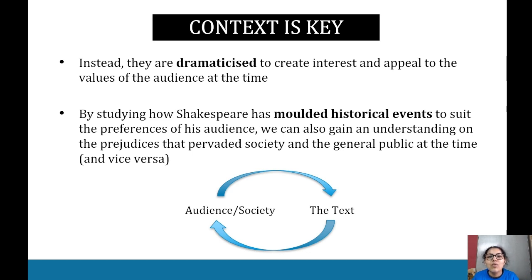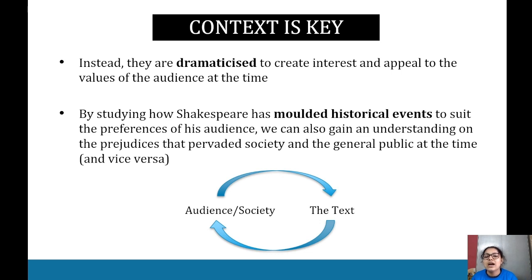And think of this from the viewpoint of the Elizabethan audience. They can see he's a guy with bad intentions, and so they're not going to like him. They'd be throwing tomatoes at him from the mosh pits and stuff, and they used to do that. So that's why Shakespeare characterized him like that. But without jumping ahead of myself, which I do tend to do, let's just focus on the fact that it's dramatized to create interest.